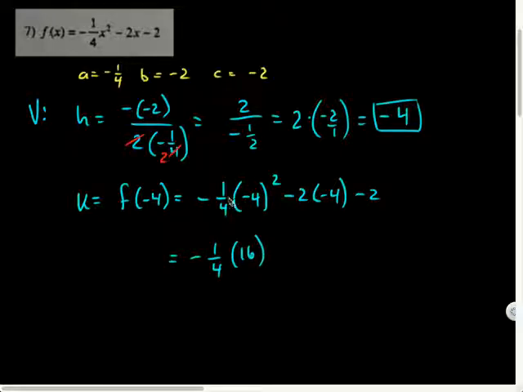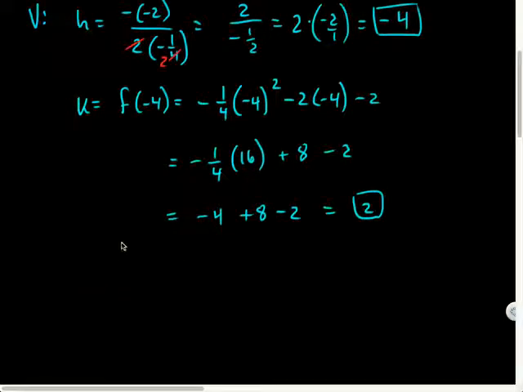And also make sure you don't try to multiply before you square. Shame on you. Here we go. 1/4 of 16 is 4, and apparently it's negative in this case. Plus 8 minus 2. So negative 4 plus 8 is 4, minus 2 is 2. So that means my vertex is the point negative 4 comma 2.